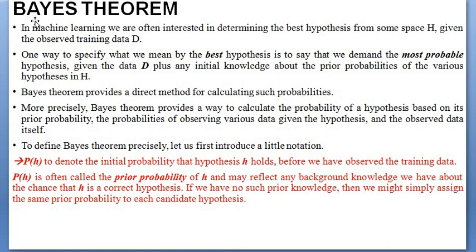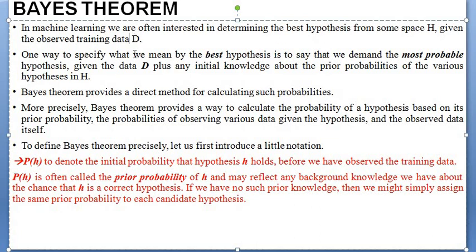In machine learning we are often interested in determining the best hypothesis from some given space, H, the hypothesis space, given the observed training data D. This is the main aim of any machine learning algorithm: we always want the best hypothesis from the hypothesis space given the training data.